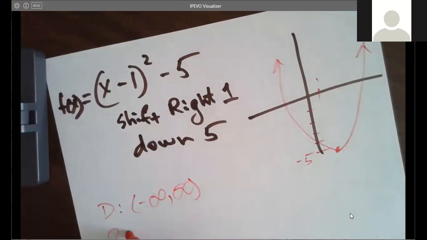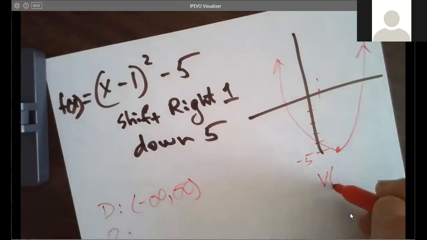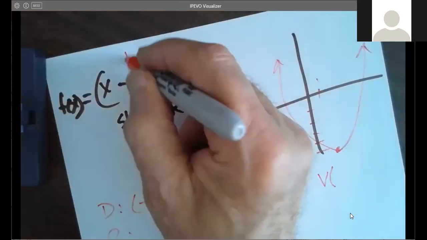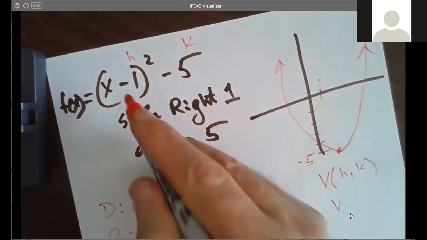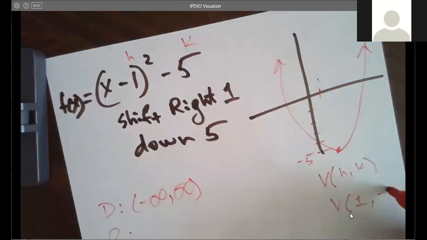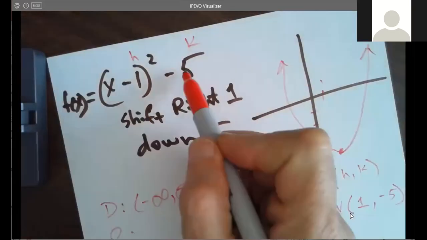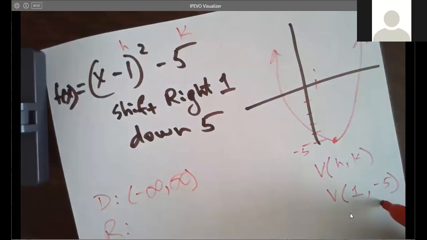The range, and so this vertex is going to be (h, k). H is, because it moved right 1, positive 1. K is negative 5. So the sign changes inside the parentheses, but does not change outside of the parentheses. So the range is going to be the k part of the vertex.